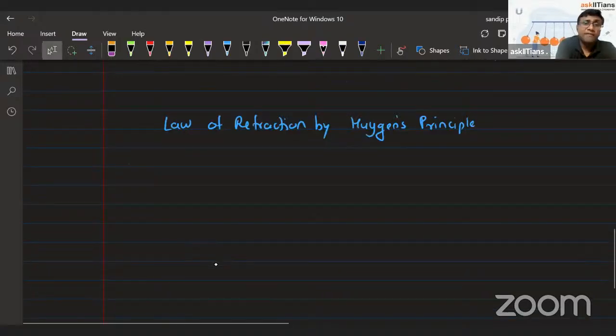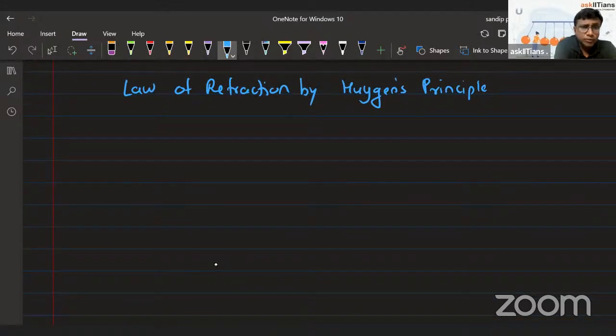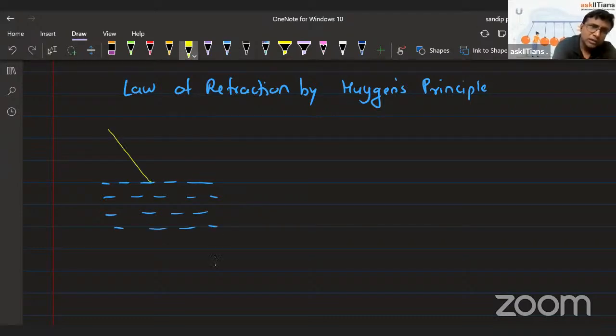So in refraction, suppose in ray optics you have studied this. So this is like, say, the water or the denser medium. So when the light goes like this, the normal angle I, right, light bends towards the normal, right? So this one is angle R.